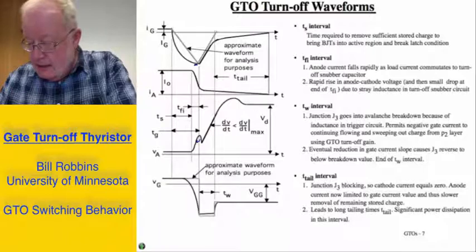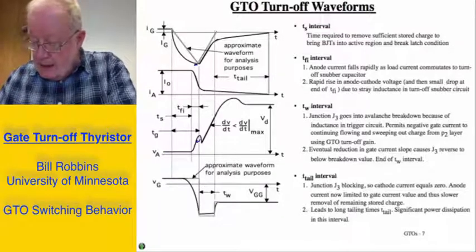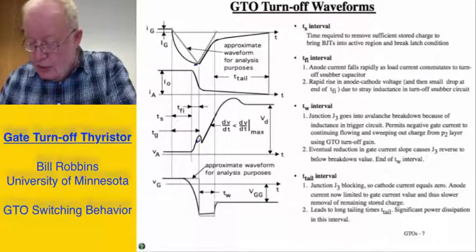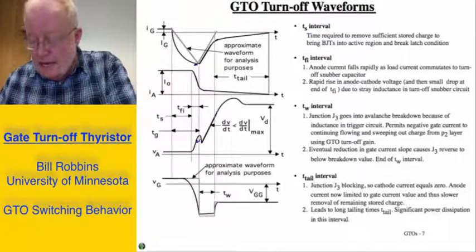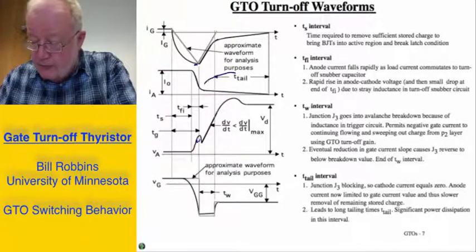And because of the turnoff gain, in that situation where we no longer have anode current or cathode current flowing, all the anode current flowing out of the gate means that we're going to have a relatively long time to pull that stored charge out, and hence the so-called tailing time that I show on the waveform for the anode current in this region right here.